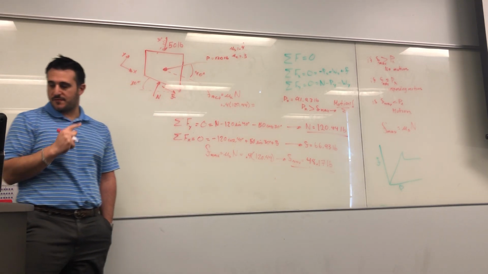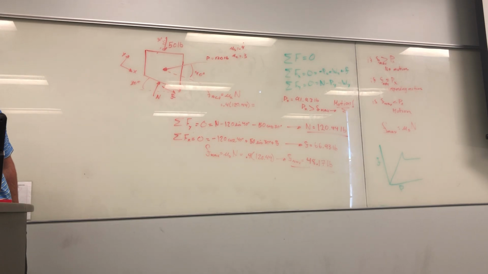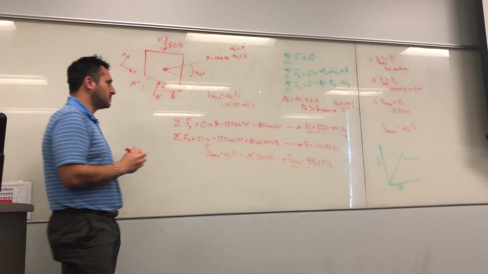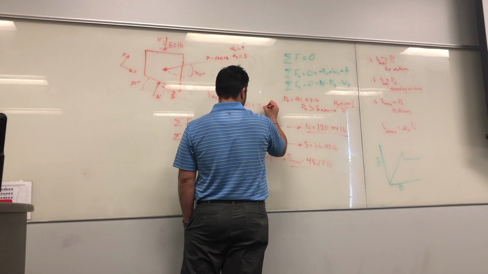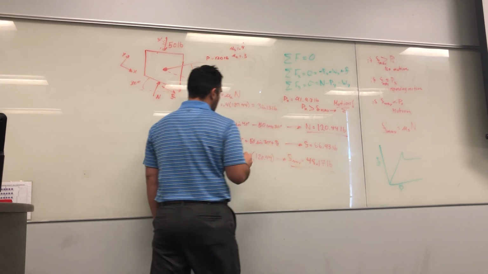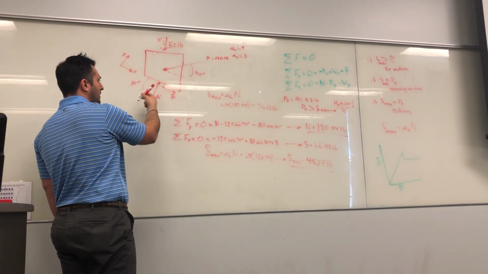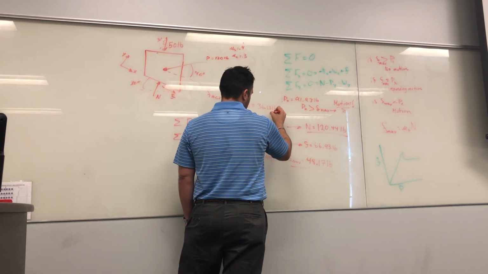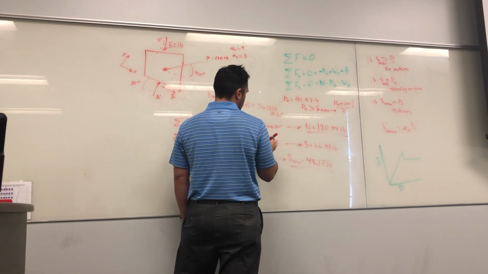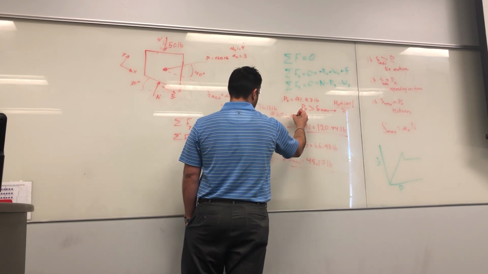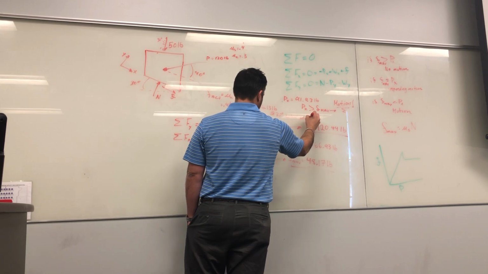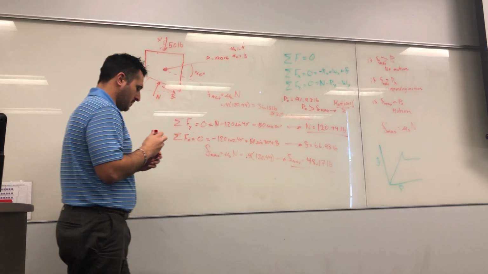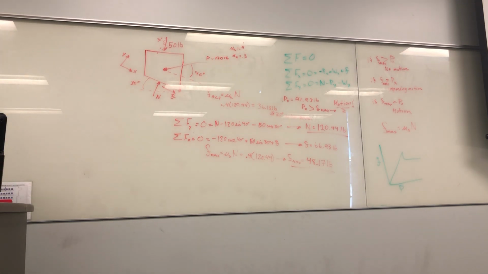So my actual friction is 36.13 pounds, and that is at 30 degrees to the horizontal, along the slope. So 36.13 pounds. Okay, so that's the basics of it.